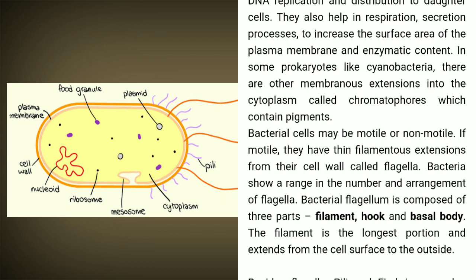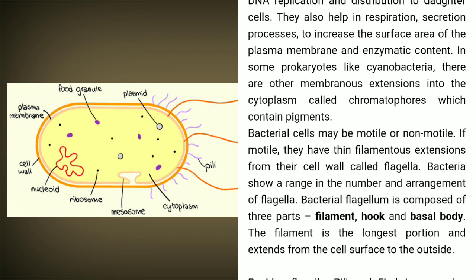They also help the bacteria attach to another bacteria for the purpose of conjugation, which we can call sexual reproduction. Therefore they also act as a sex organ, and in that sense they are called sex pili. One such bacteria is Escherichia coli.